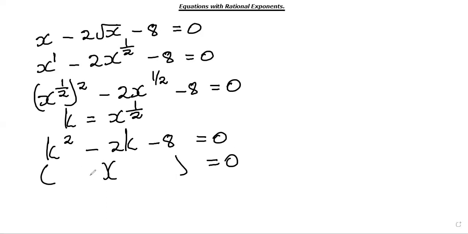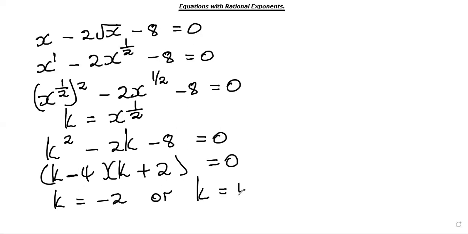It can only be 4 and 2. And of course, factors of k squared, it's k and k. So the bigger number takes the sign of the middle term, and this one has to be positive. So it means the values of k will be negative 2, or k will be positive 4.